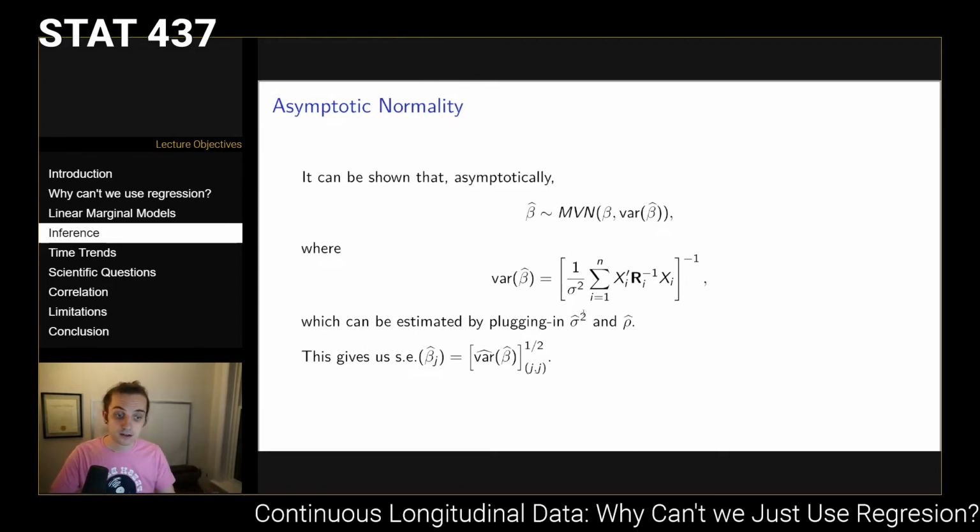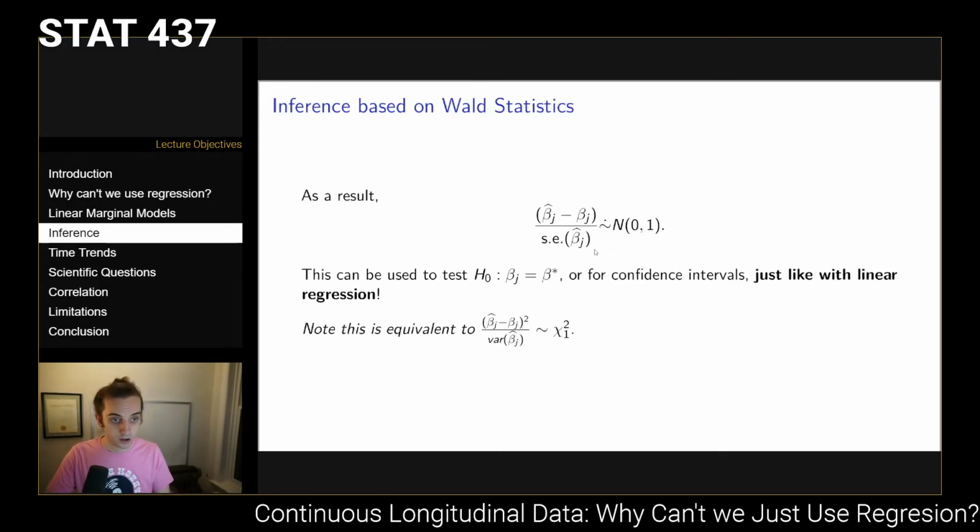And most importantly, we have the standard error estimates, right? And so from these standard error estimates, we can start deriving Wald statistics. If you remember from your statistics classes, if you have a normally or asymptotically normally distributed estimator, then the standardized version of it, the estimator minus the true value divided by its standard error, is going to be approximately standard normal.